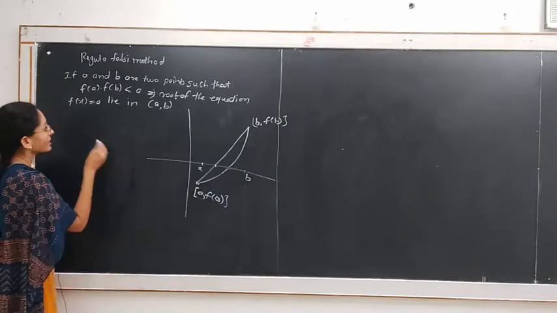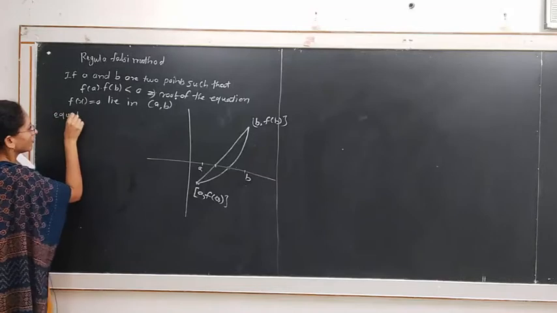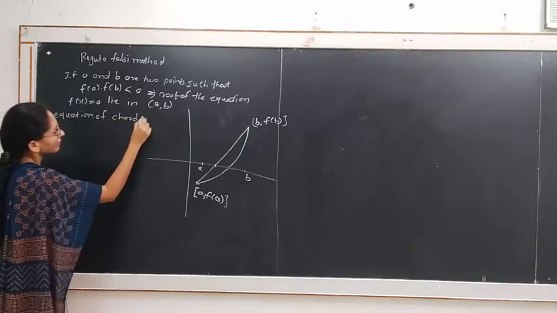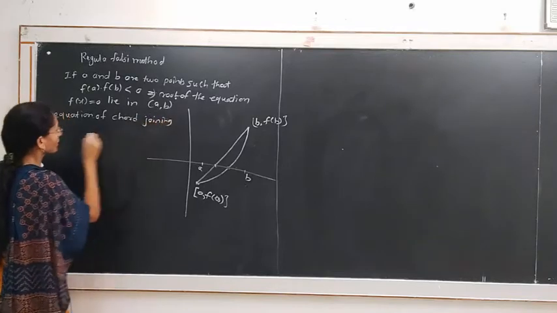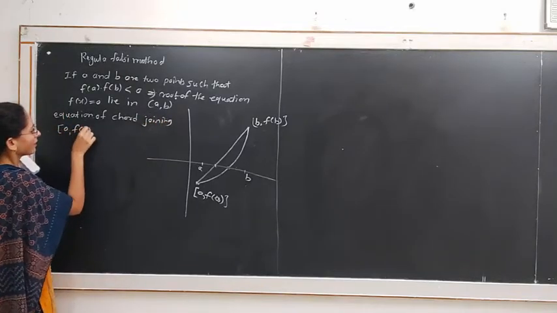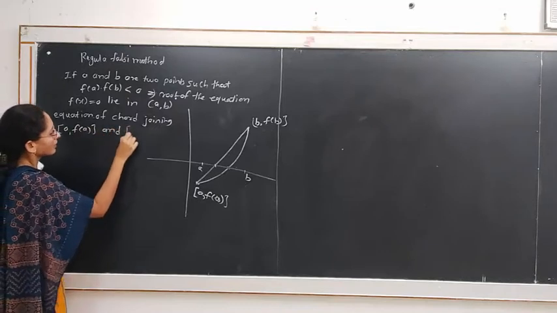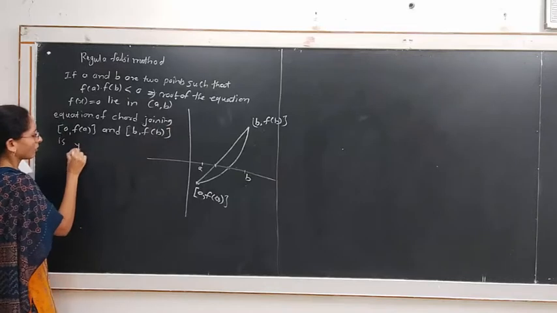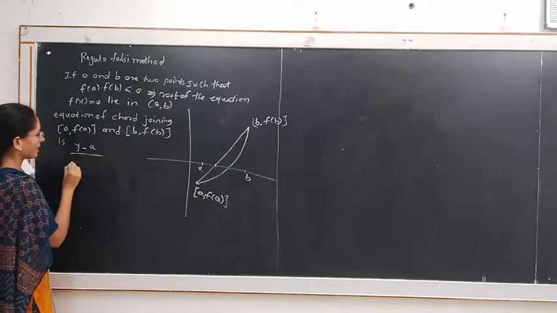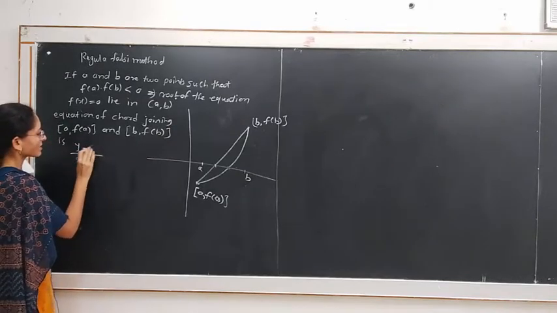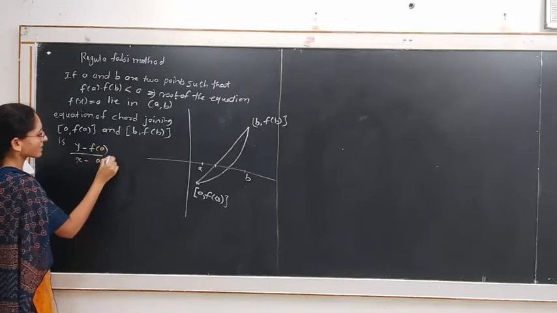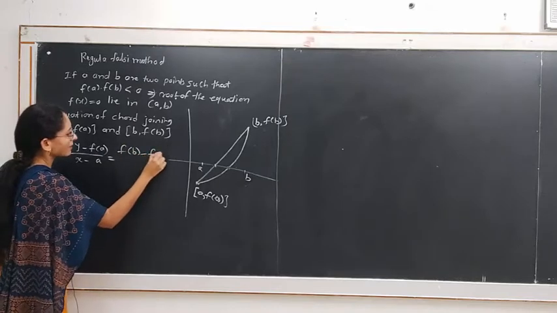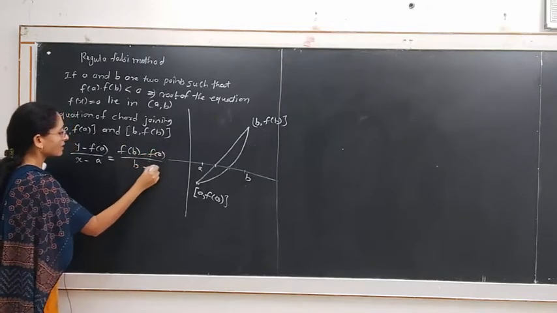The equation of the chord joining the points (a, f(a)) and (b, f(b)) is given by (y - f(a))/(x - a) = (f(b) - f(a))/(b - a).